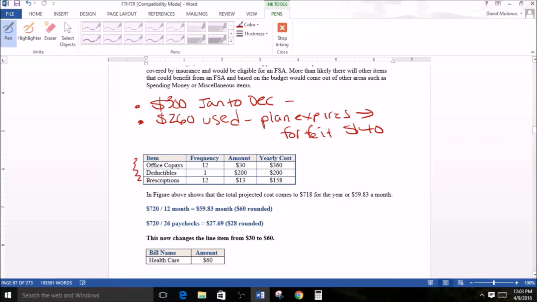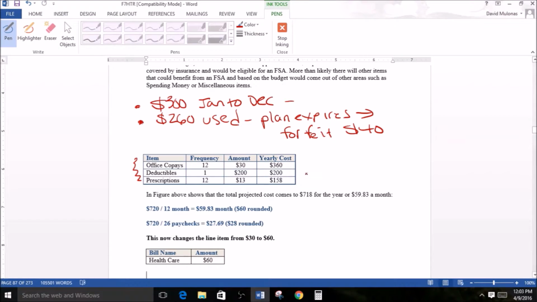And you can certainly do some research on the internet, for example, as you build this out and just come up with a hypothetical scenario. And for those of you who are in the working world already, you pretty much have a good handle on what things you pay for. But for purposes of this exercise, we're going to keep it small so it's easier to understand and see. So the way we're looking at it here is Jasper's pretty healthy.